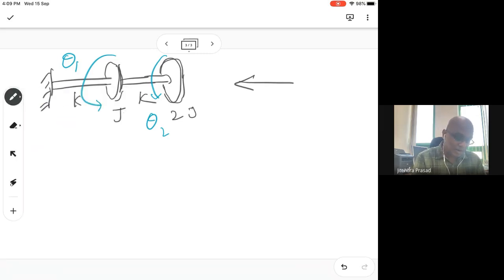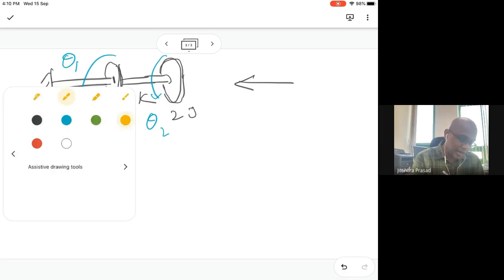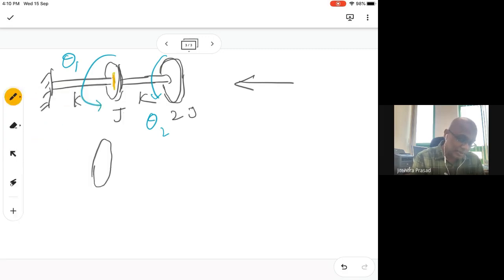So for the first one we can have it like this. If you have moved by θ1, then what happens? Because of θ1, this rotational stiffness is there. If you draw just the discs, let's say this is number one and this is number two.